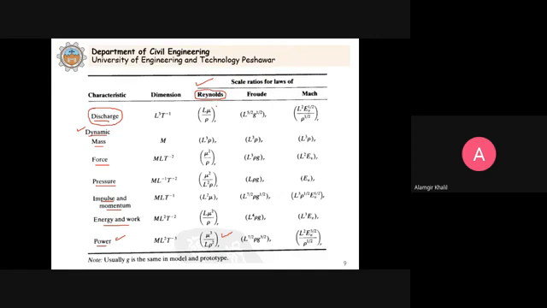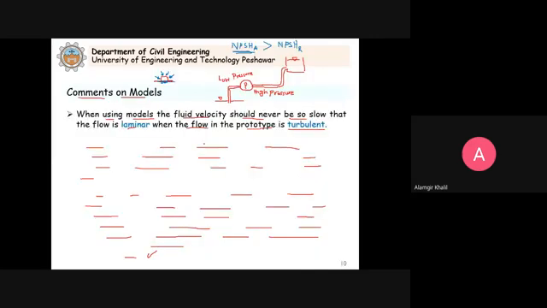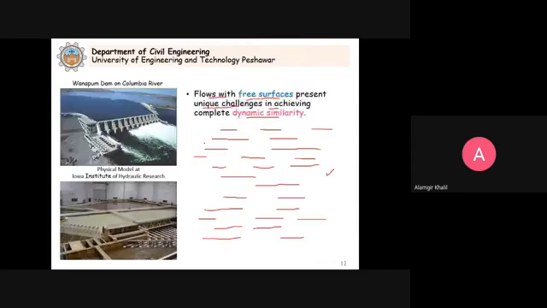So this is the scale ratio, which you can directly use in the problem. It is already developed, so you can see the importance of this table. These scale ratios can help in the solution of the problems. If you want to satisfy the Reynolds number, you have to use the scale ratio for the discharge. So let us use this when we solve the problems.